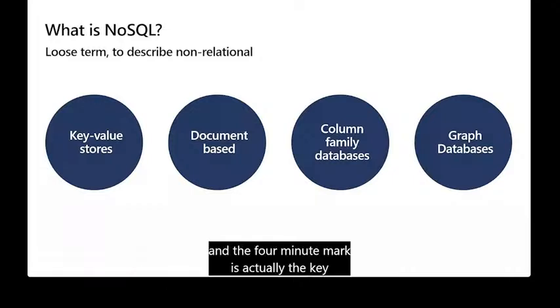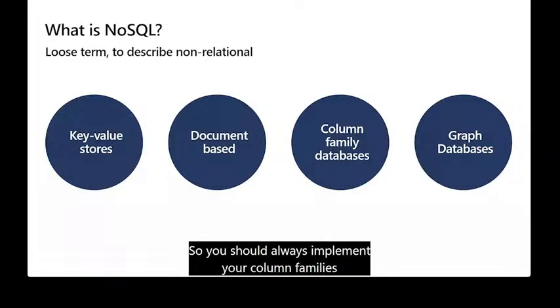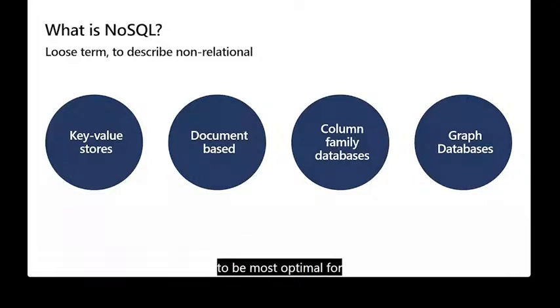And the 4-minute mark is actually the key used to fetch the data for the rows in each of the columns. So you should always implement your column families to be most optimal for some of your most common queries that your applications might need to perform.